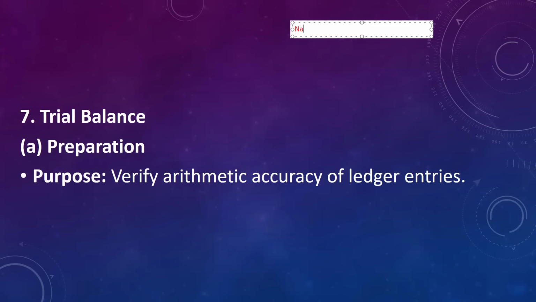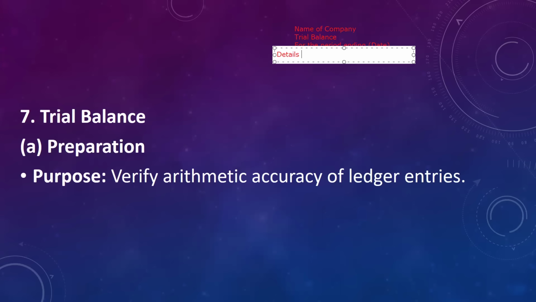You'll have the name of the company, trial balance for the period ending, and you'll put the date. And then you'll have three headings: details, debit, credit.